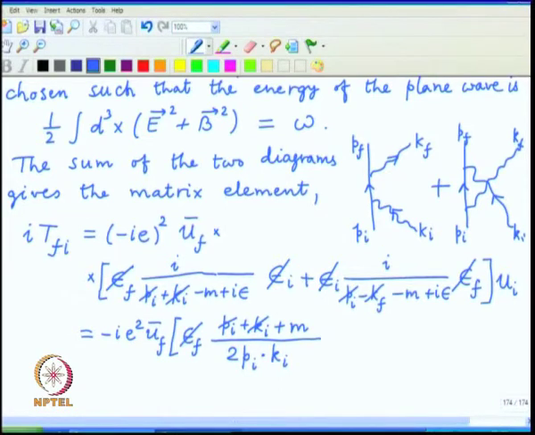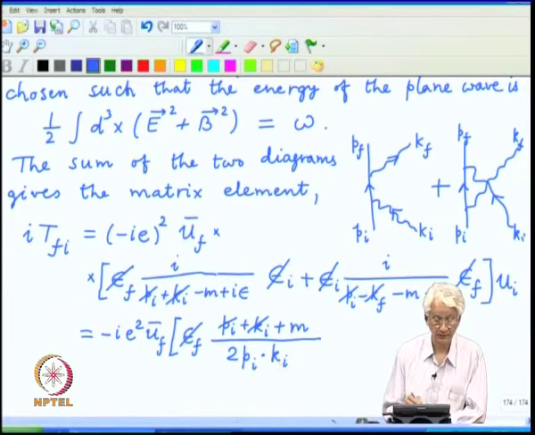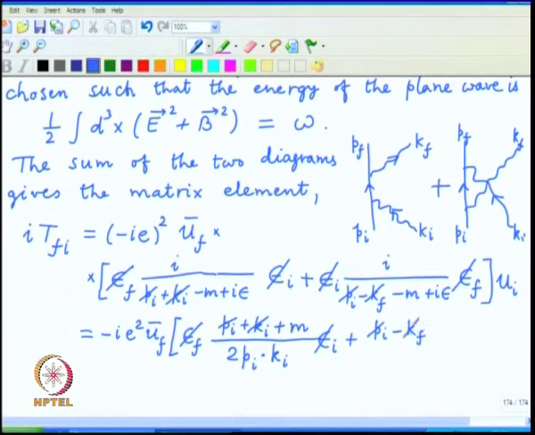Everything else is gone from the whole gamma matrix algebra, and then the epsilon_i slash remains. Same thing can be done on the other side, or the other diagram as well, where the result is p_i slash minus k_f slash plus m.